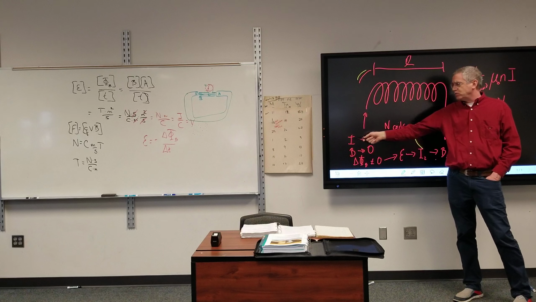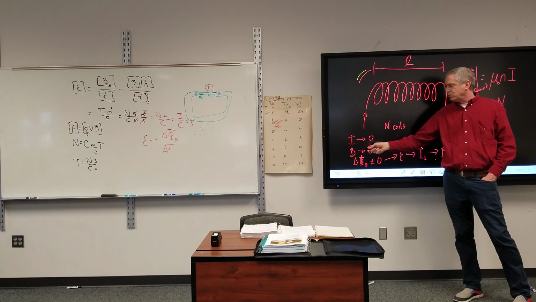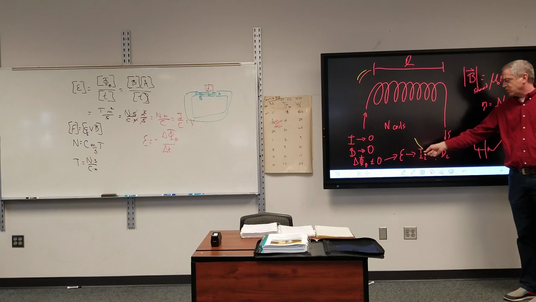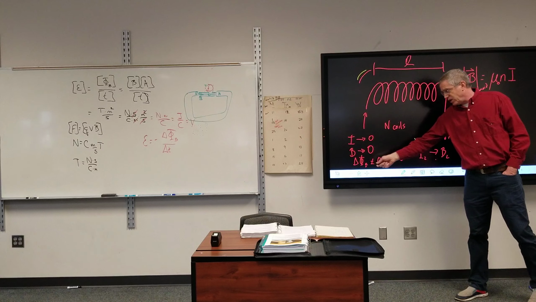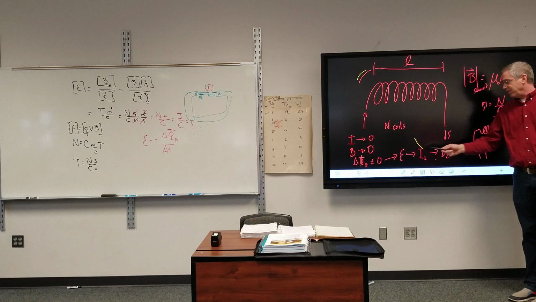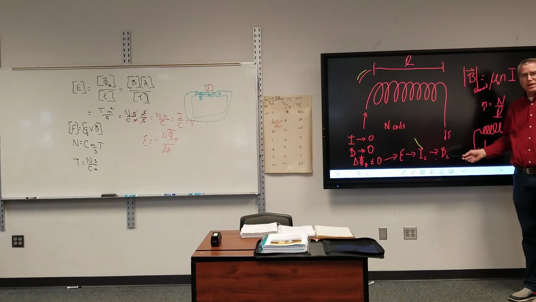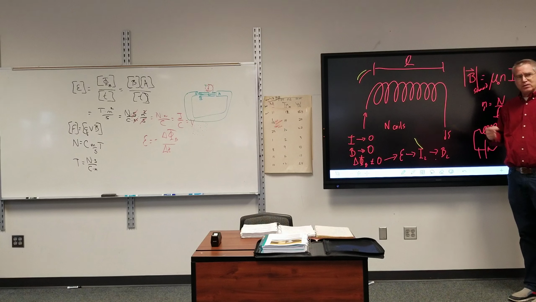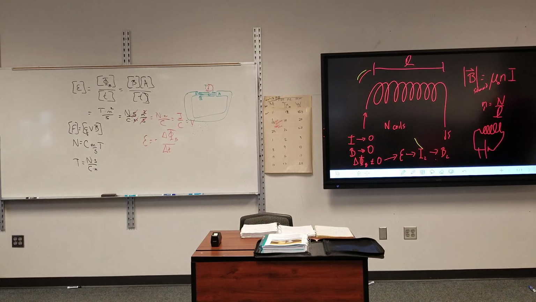My current goes from 0 to something, my magnetic field goes from 0 to something, my magnetic flux changes, which means there's an EMF, which means there's a secondary current, which creates a secondary magnetic field that tries to keep the magnetic field from increasing. The secondary magnetic field is trying to oppose the change in the magnetic flux. If the flux is collapsing, it's going to try to bolster it back up. If it's increasing, it's going to try to suppress it.